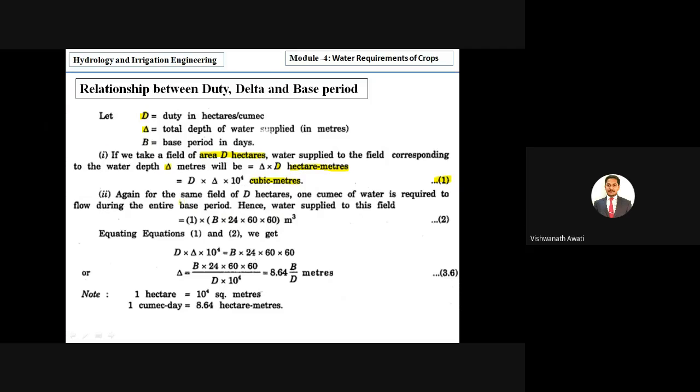Then we'll go for the next condition. Again, for the same field of D hectares, 1 cumec of water is required to flow during the entire base period.